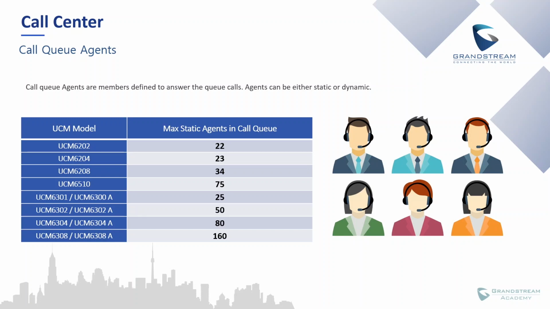For the UCM 6302 and UCM 6302 audio, they both support up to 50 max static agents in the call queue. For the UCM 6304 and the UCM 6304A, they both support up to 80 max static agents in the call queue. And for UCM 6308 and UCM 6308A, they both support 160 max static agents.